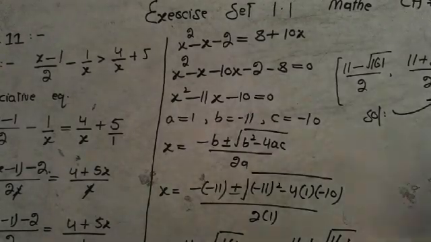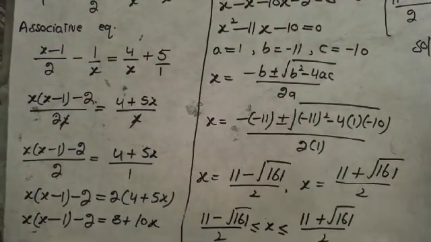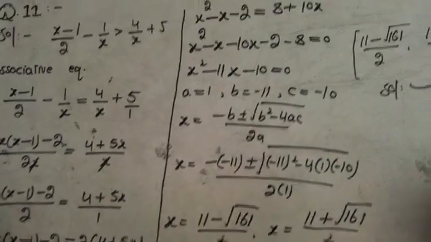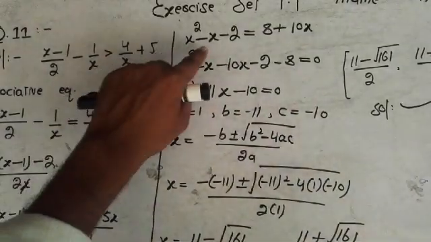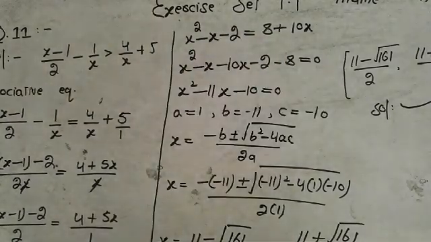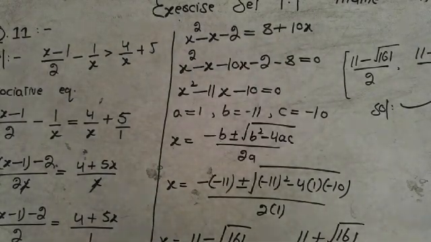So when we multiply the x with x and 1, the equation becomes x square minus x minus 2, which is equal to 8 plus 10x. So now we separate the variables.